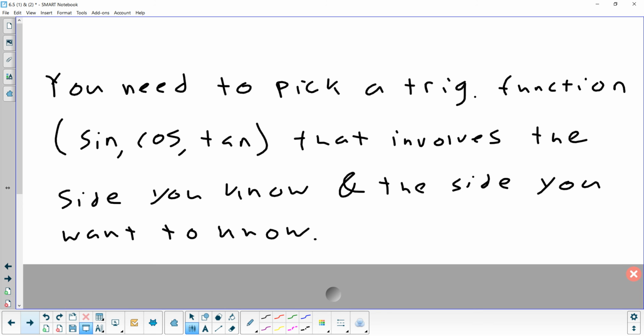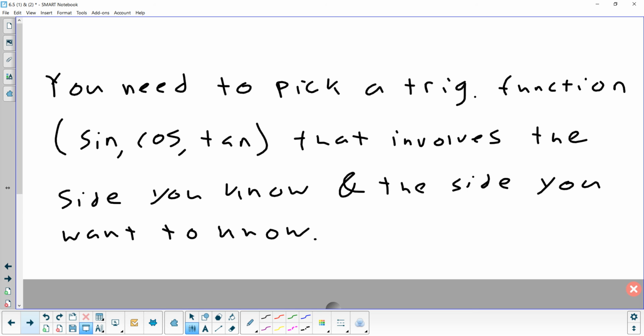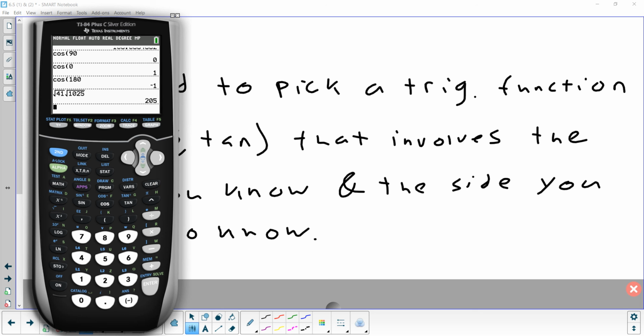Today, we're only going to use one of 3 trig functions: sine, cosine, or tangent. We're not going to use secant, cosecant, or cotangent. Anyone have a guess why we're not going to use those 3?